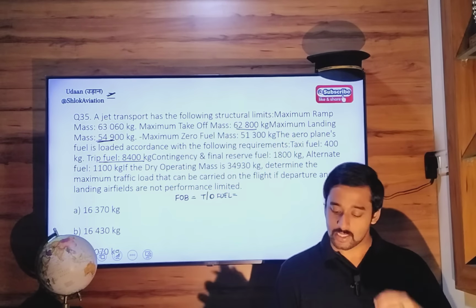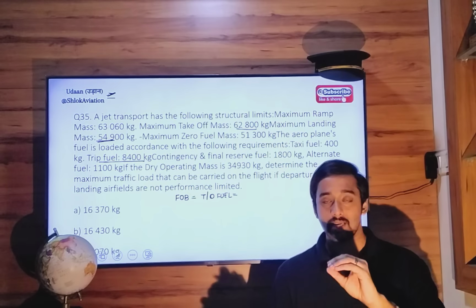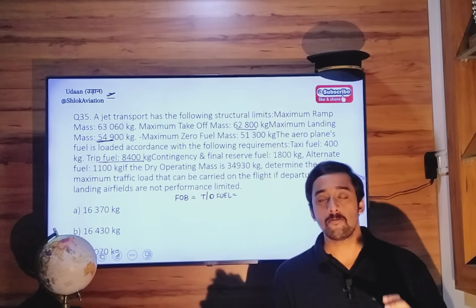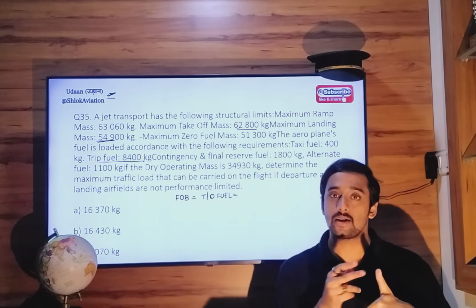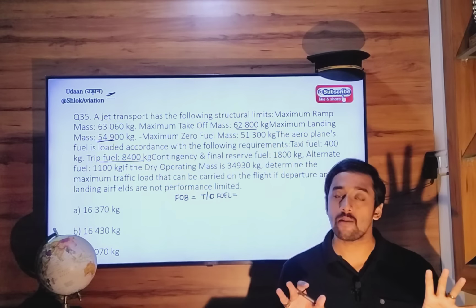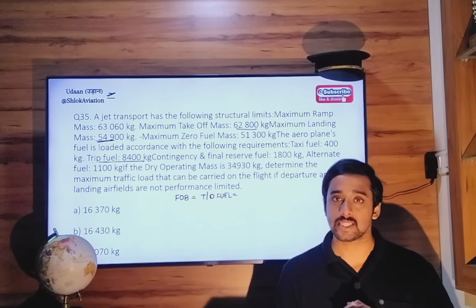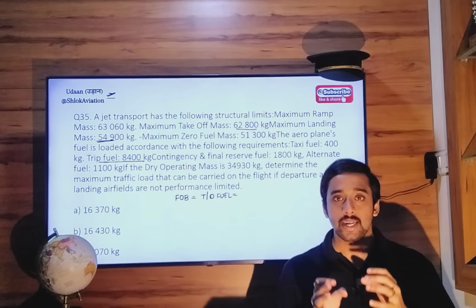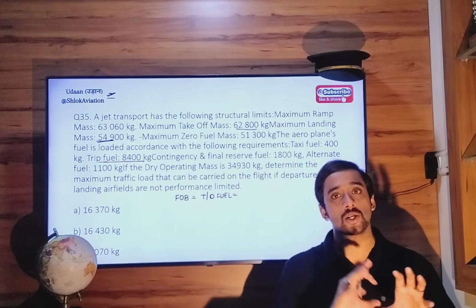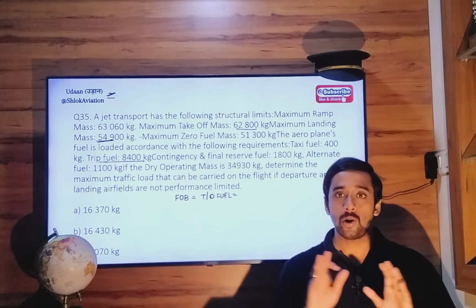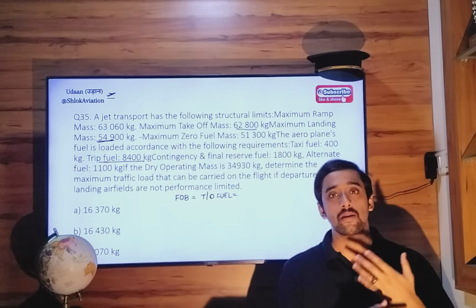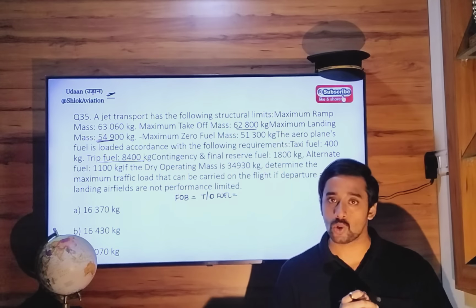So now the fuel available in the fuel tanks at the start of takeoff run will be all the fuel components except taxi fuel, because you will have burned all the taxi fuel in taxiing your aircraft from the parking position to the runway position. So you're going to subtract that fuel and then add the remaining components of the total fuel.